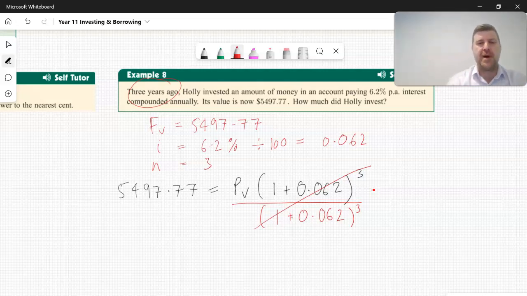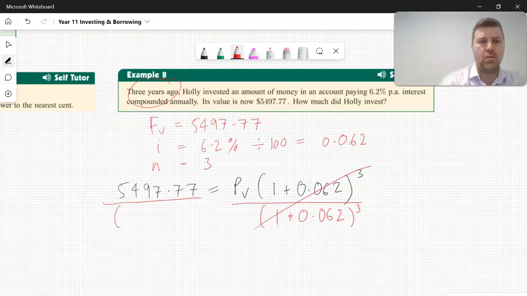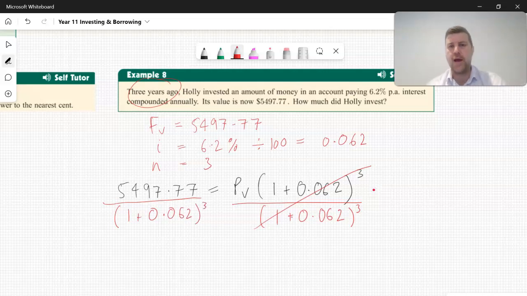But to keep this equation balanced, I also need to divide the other side of the equation by 1 plus 0.062 to the power of 3. That's basic algebra backtracking.